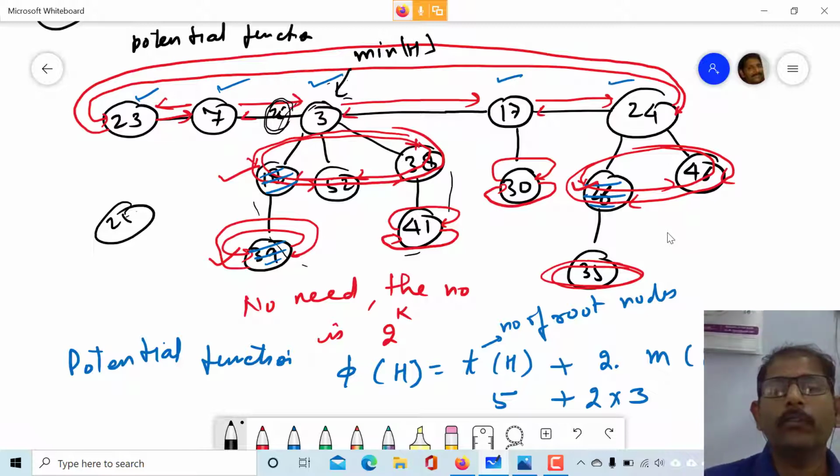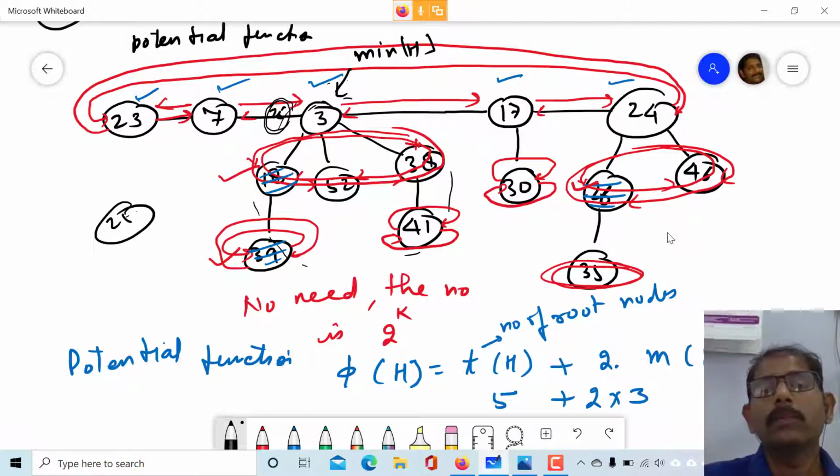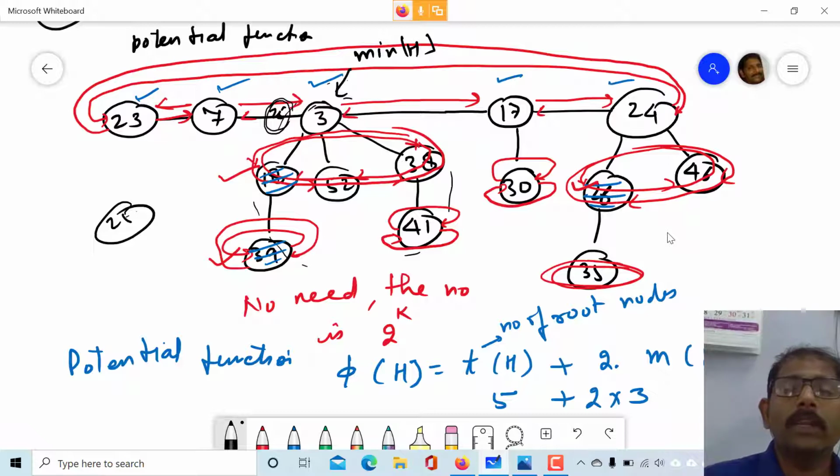First of all you have to delete 3, and all the children of 3 will come to the root side. That means 18, 52 and 32 will become root nodes here. In this way we can delete a node from the tree.